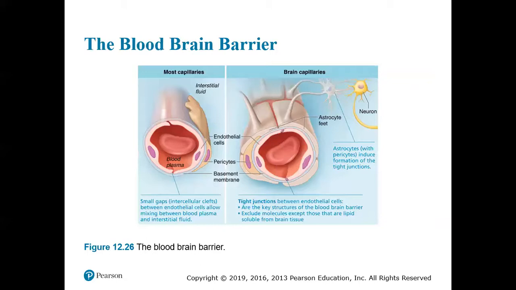Now, I mentioned tight junctions, and that's very important for the blood-brain barrier. This is what differentiates the blood-brain barrier capillaries from other non-blood-brain barrier capillaries. If you look here, you can see these small gaps. There's going to be a gap here. There's a gap here.